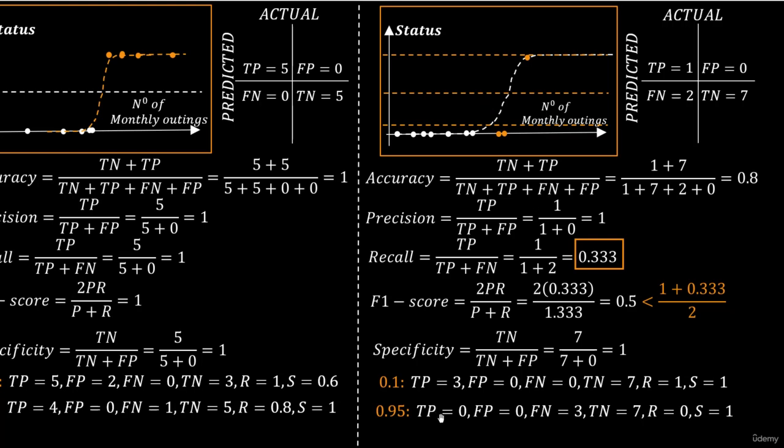So in this case, the number of true positives is 0 because there is actually no true positive. This value will come down. The number of false positives is 0. The number of false negatives is 3. These 3 values, so we have this, and this is going to come down. The number of true negatives is 7. Recall is equal to 0 and specificity equals 1.